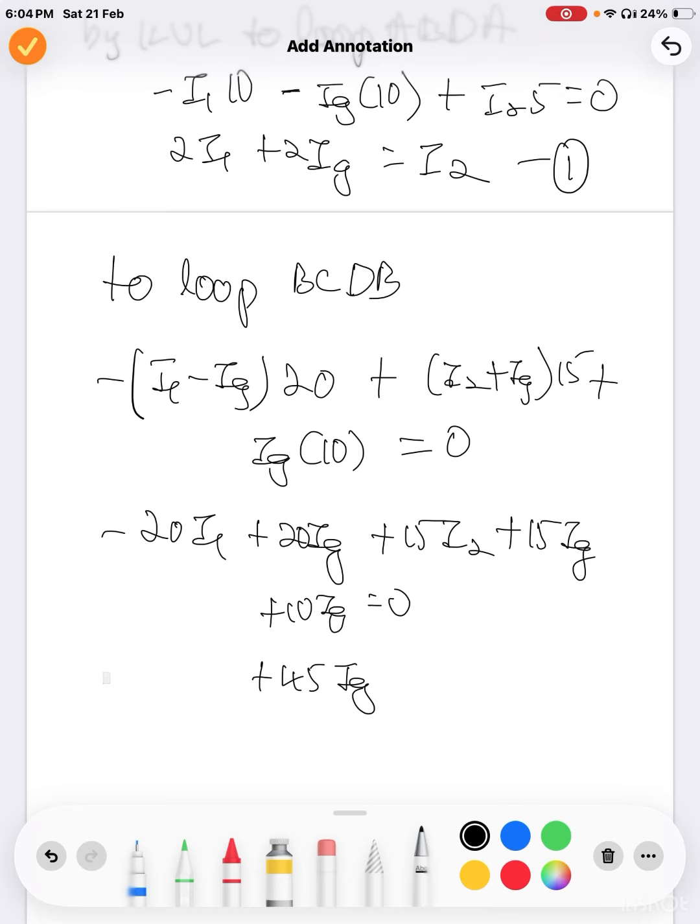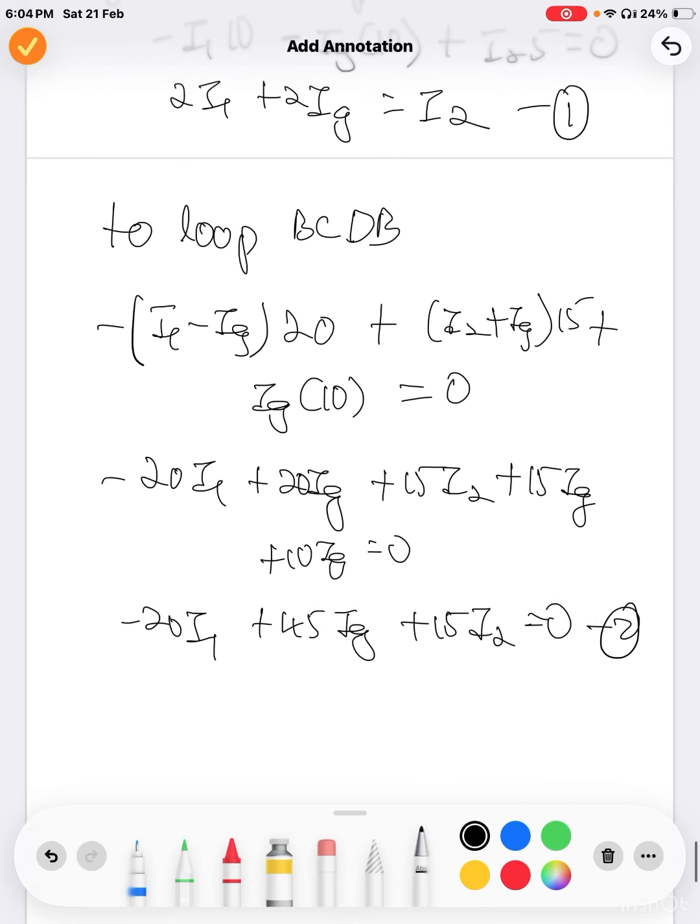Next, minus 20 I1 plus 15 I2 equal to 0. I can take 5 common at 40, 15, but let it be as it is, not an issue. So this is equation number 2.